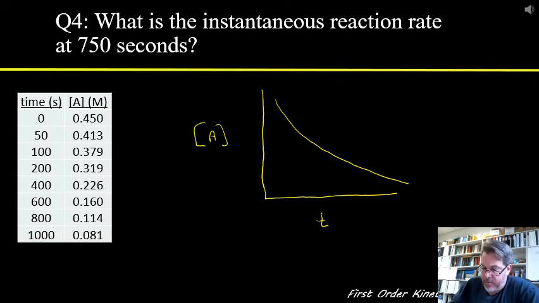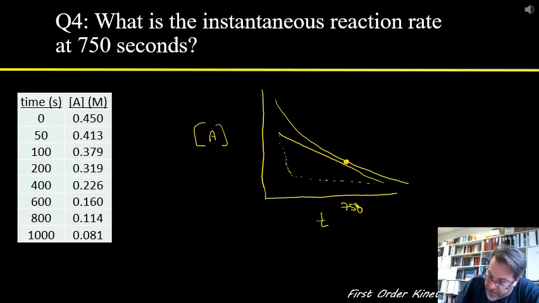And as we did a few weeks ago, you can calculate the instantaneous reaction rate if you take that graph, and at 750 seconds, you just draw the tangent to the graph at 750 seconds, and then calculate the slope of the line using the change in the y-coordinate here and the change in the x-coordinate here.